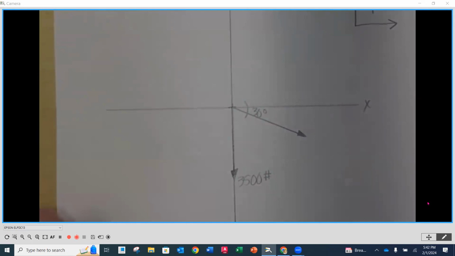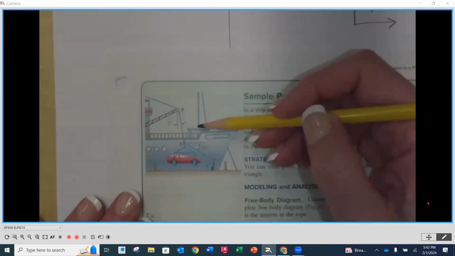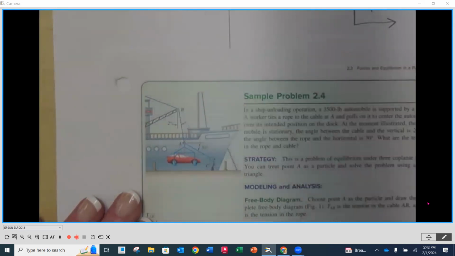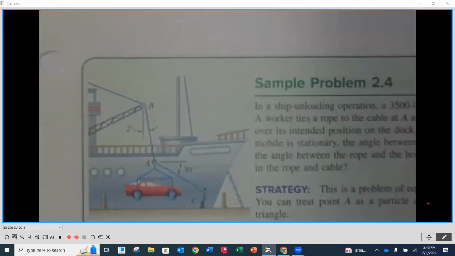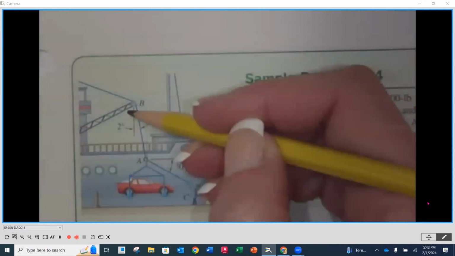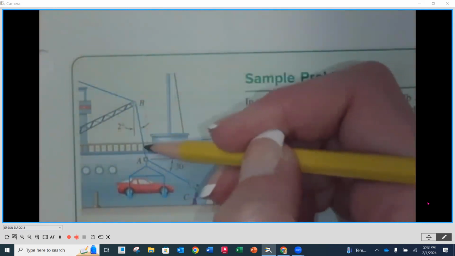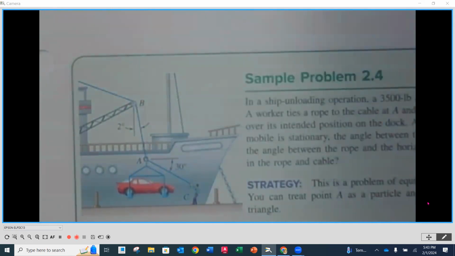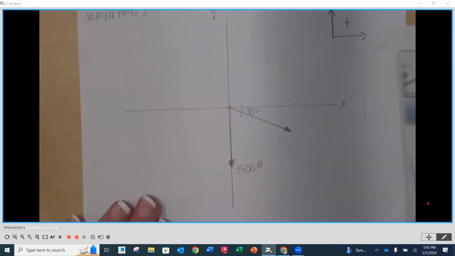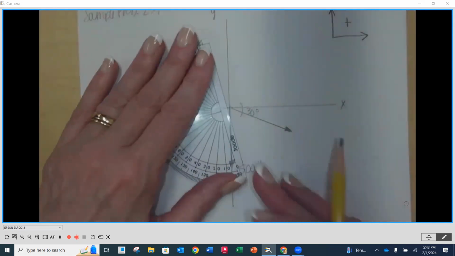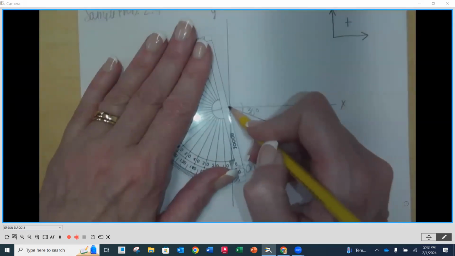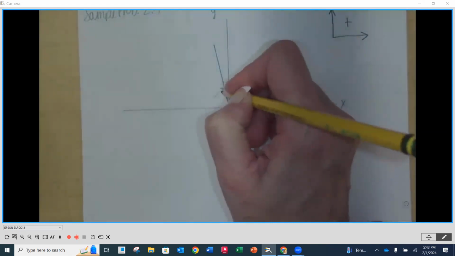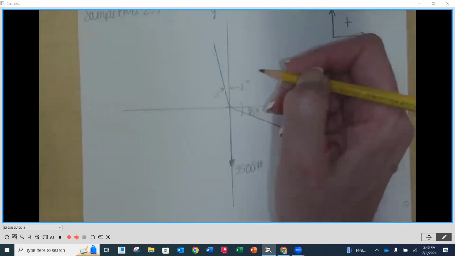And then the last item that we need to add is this cable right here. As we look at this, you're going to notice that it's 2 degrees from vertical. Do you see how the 2 degrees would be here with our vertical? So we're going to place that kind of steep like this, and that's going to be 2 degrees.